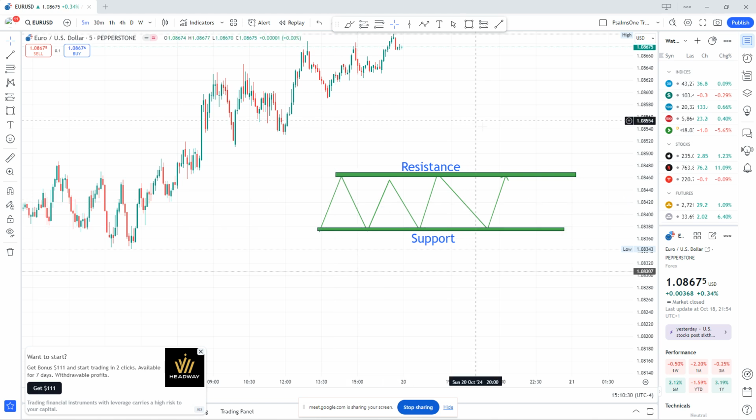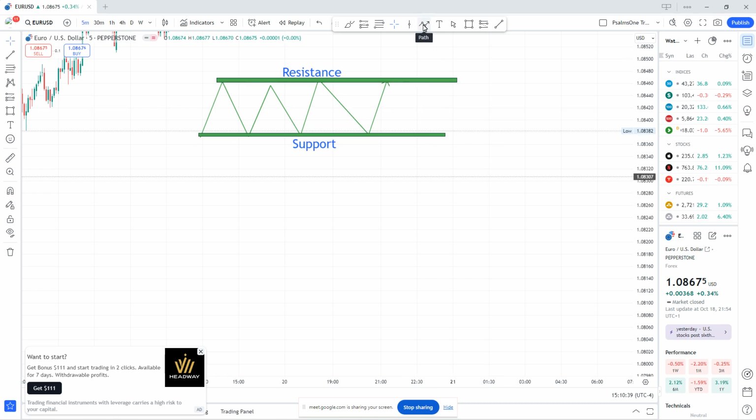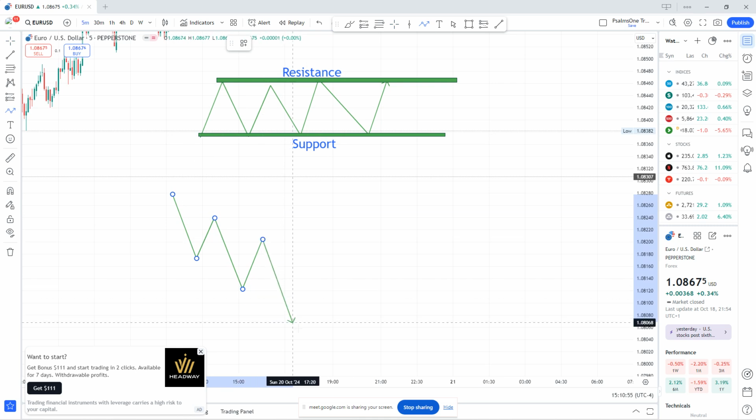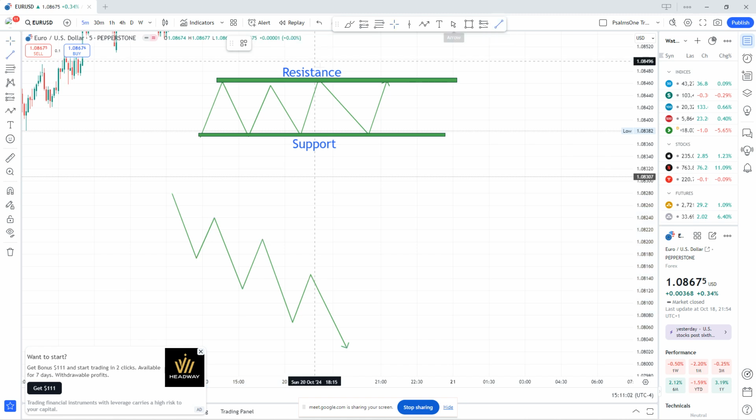We can have support and resistance in a diagonal form. What do I mean? Let me quickly share it. In a downtrend, you have the market going down, up, down, up, down.